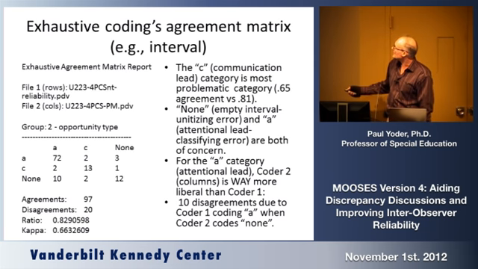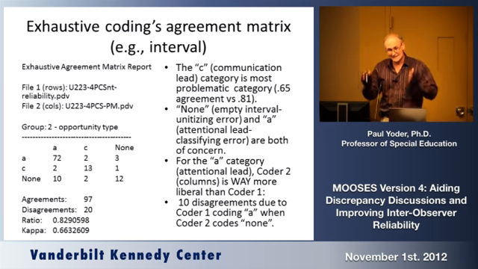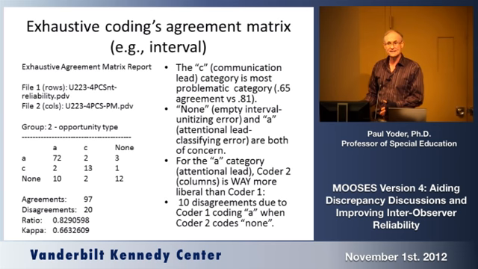This is on an interval coding, an interval behavior sampling approach. And in this case, the non-occurrence of these two codes is defined. So because we're looking at 5-second intervals, we can say neither of us saw a relevant event occurring in this interval.